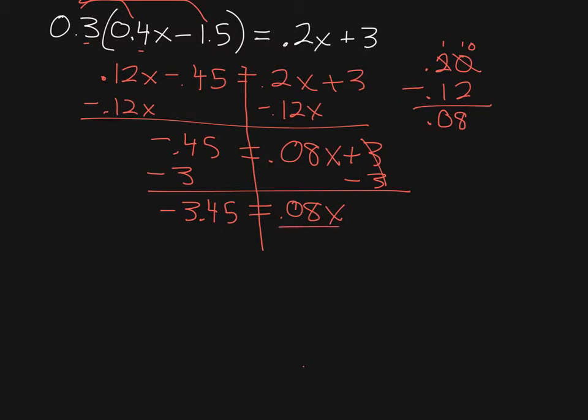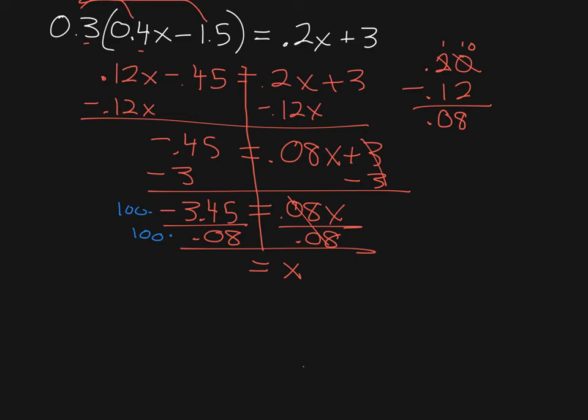Now I need to divide by 0.08, use my inverse operation, and I get x equals, this is another case here where I have 2 decimals I'm dividing by each other. I'm just going to make it into a fraction again, but this time I want to move the decimal over 2 places, so I'm going to multiply both of these by 100.